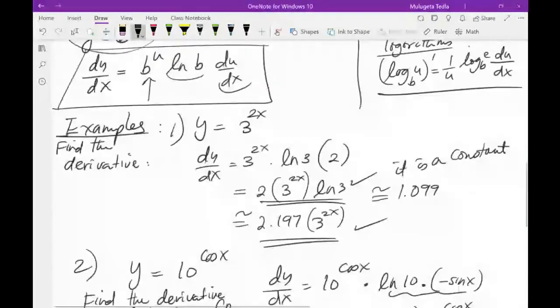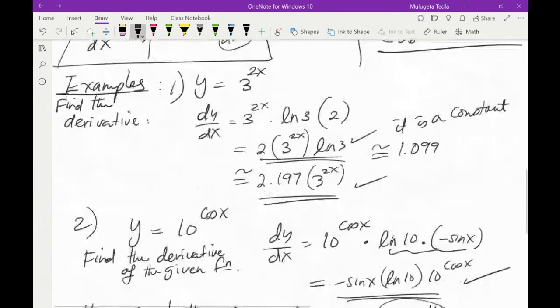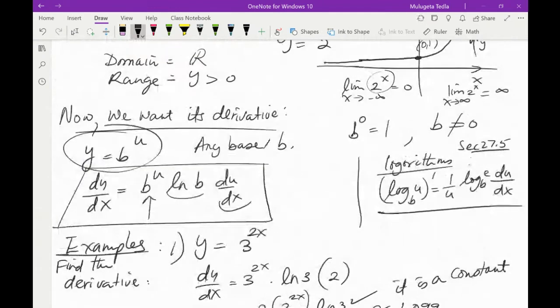Their bases are different. The base here is any base b. It should qualify to be a base, any base, and in here any base b.